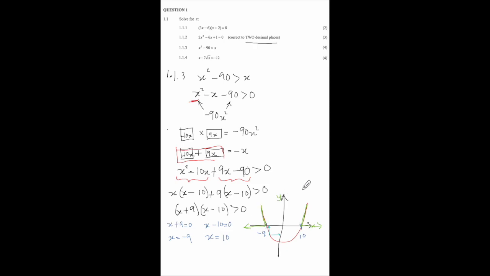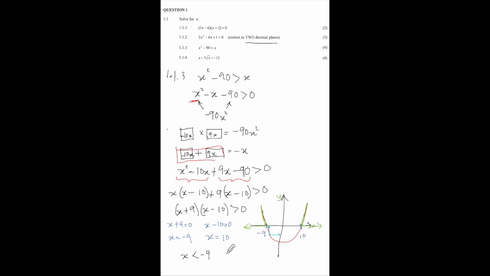So now just writing that as an inequality. The range to the left of -9 will be x is less than -9, because I know all the numbers to the left of -9 are less than -9.